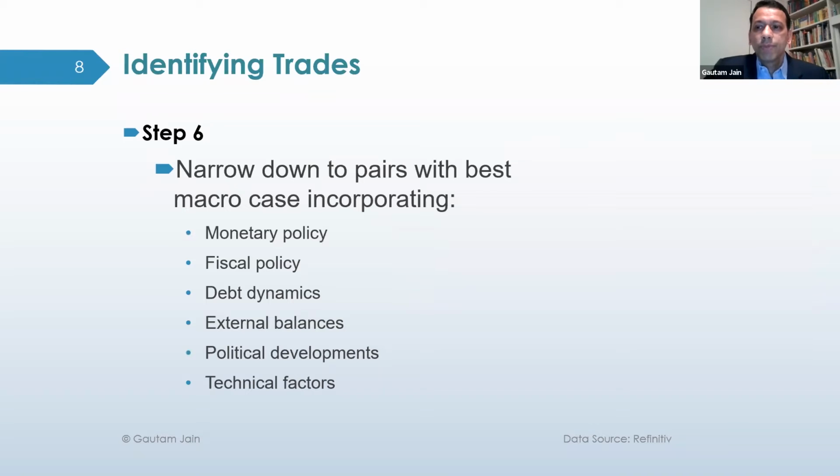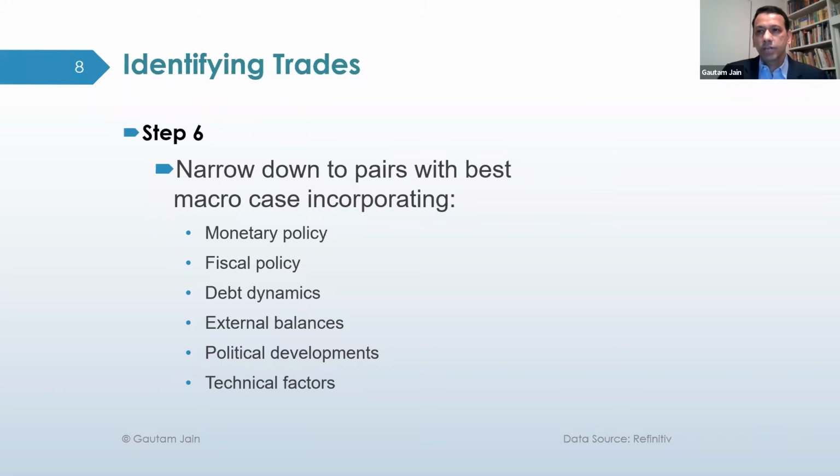Now, once I've picked out the dislocations, which was the first major step of my process, what I want to do next is to narrow down the pairs that have a strong underlying macro case that makes it an attractive trade to put on.